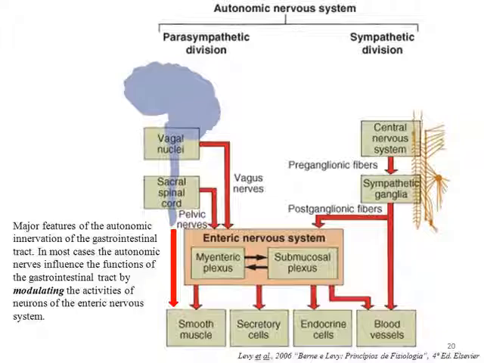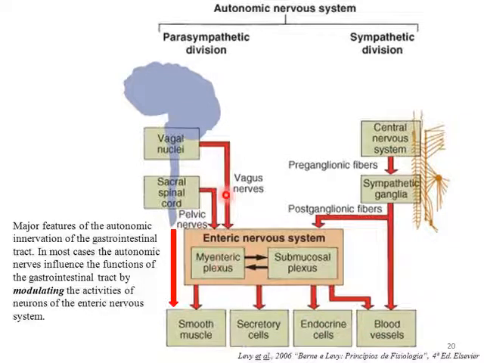Now the summary of today's lecture: you have a separate entity, a second brain, which is called the enteric nervous system, further subdivided into the myenteric and the submucosal plexus. Which cells do the myenteric plexus and the submucosal plexus affect? Smooth muscle cells in contraction, secretion, endocrine cells, and blood vessels, and they also work in absorption.